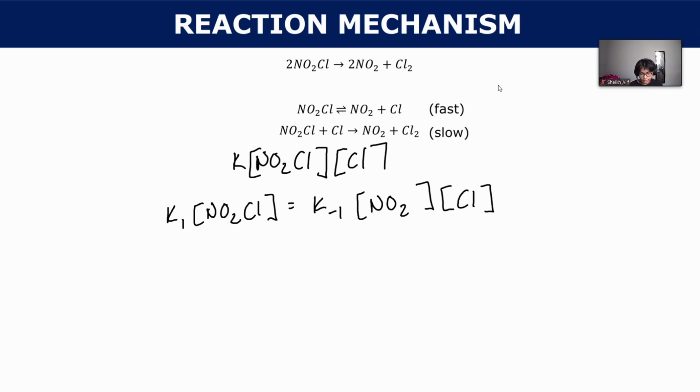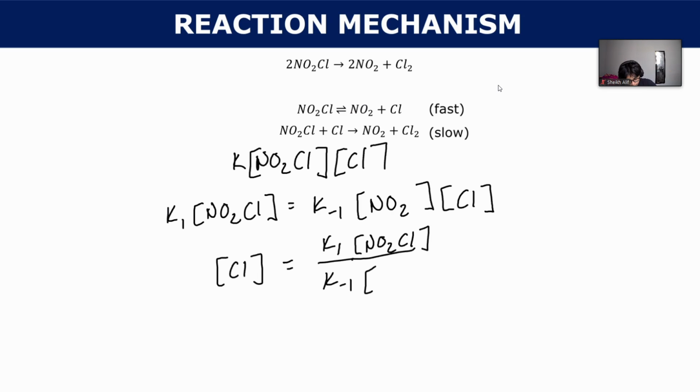Okay, I cleared up some of the clutter, and now if we isolate for Cl, that's just going to be k1 over k negative 1, times NO2Cl over NO2. And so now we can substitute that into the Cl that we have over here.